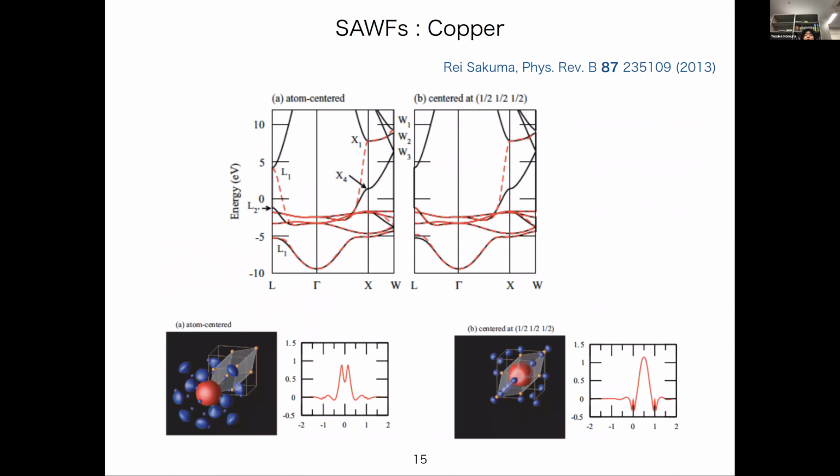Okay, then now actually we can apply this symmetry-adapted Wannier function to various cases. Yes, now I have another question. If the projections do not fit the local symmetry, will it give an error?